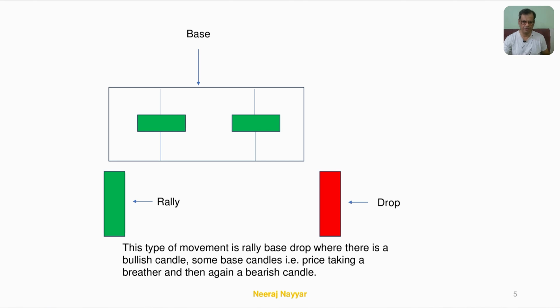So you have rally, you have a base which is consolidation for a period, and then drop. All these patterns can be found on any time frame, whether it's a 1 minute, 5 minute, 15 minute, 1 hour, daily, weekly, or monthly chart. So you have a rally, base, and then a drop.